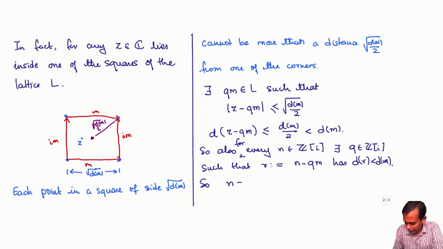So n is equal to qm plus r, where d of r is less than d of m. That establishes the Euclidean property of the ring of Gaussian integers. And from this you can conclude that the ring of Gaussian integers is a principal ideal domain, for example.